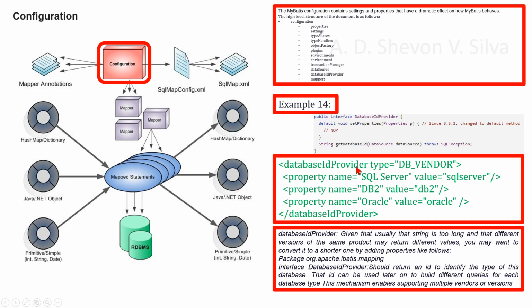The DB_VENDOR implementation databaseIdProvider sets the database ID to the string returned by the DatabaseMetaData#getDatabaseProductName() method. Given that usually that string is too long, and different versions of the same product may return different values, you may want to convert it to a shorter one by adding properties as follows.